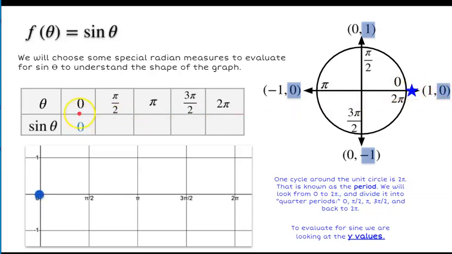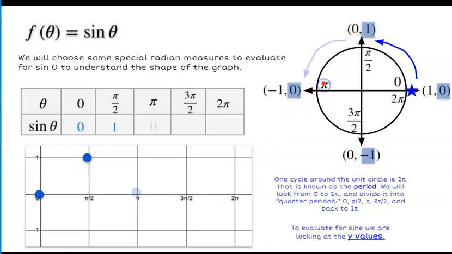We will plot that point in our coordinate grid. 0, 0 is at the origin. When our angle is pi over 2, the y value is 1. We plot the point pi over 2, 1 in our coordinate grid.